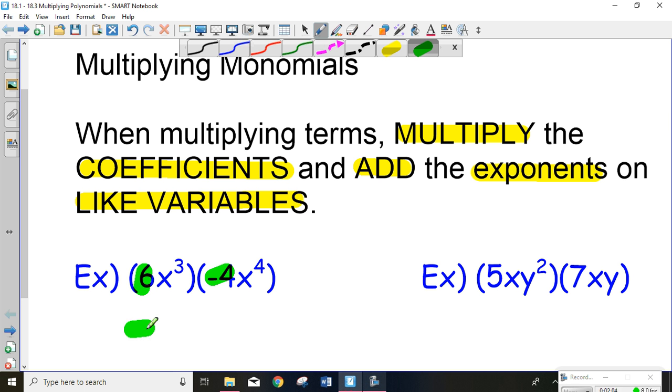Sorry, I didn't mean to use the highlighter there to write. Let's go back to our markers here. And I would get negative 24 from multiplying 6 times negative 4.